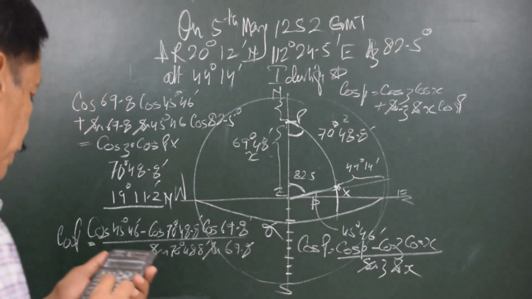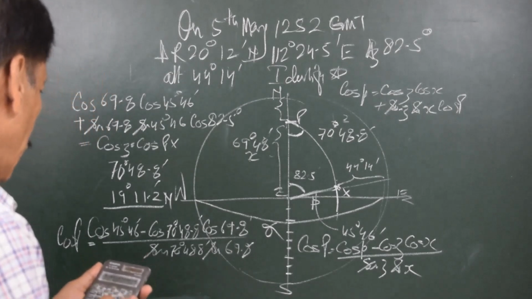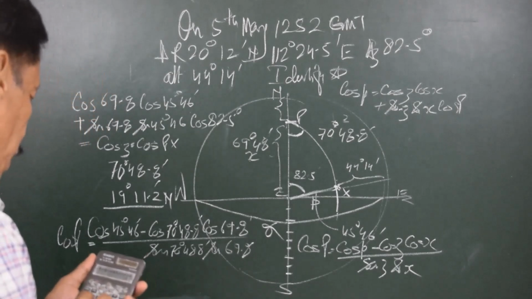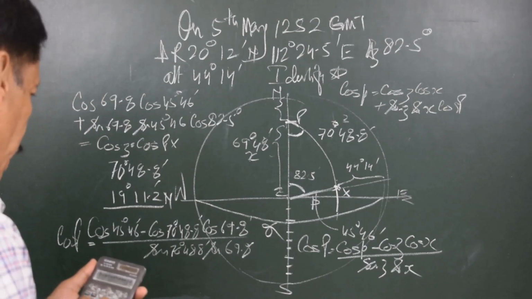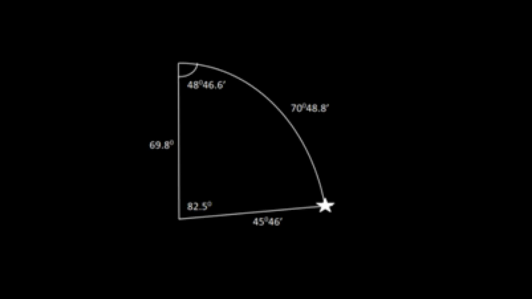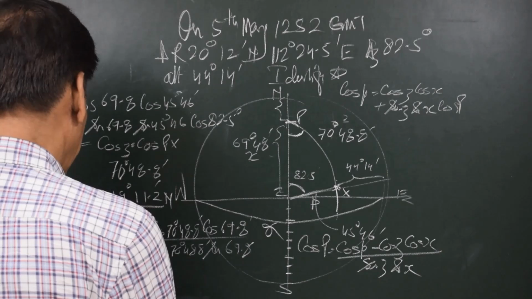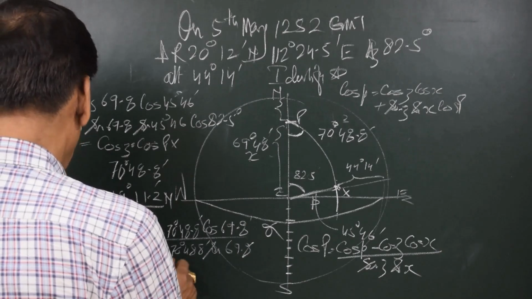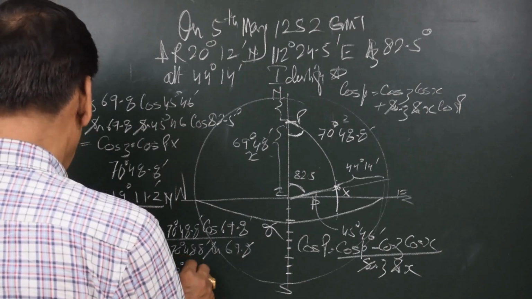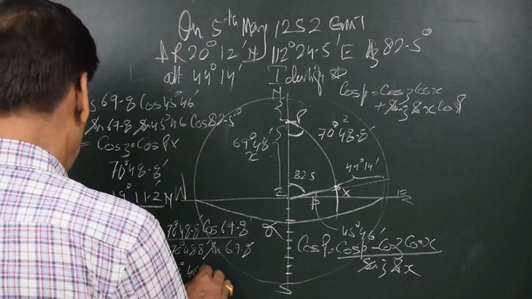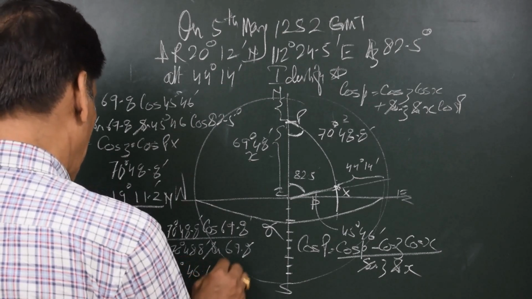Let's do this. What we have is cos 45 degrees 46 minutes, which gives me the EHA as 48 degrees 46.64.